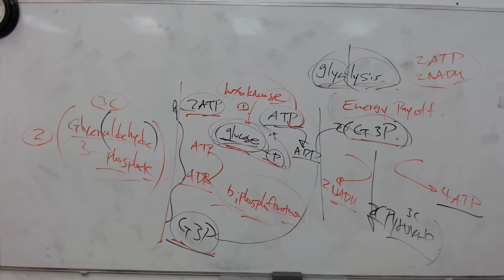Without one or the other, the reaction's not gonna happen. So G3P to pyruvate is an oxidation, which means there must be a reduction reaction happening at the same time. So oxidation must be coupled with a reduction process.